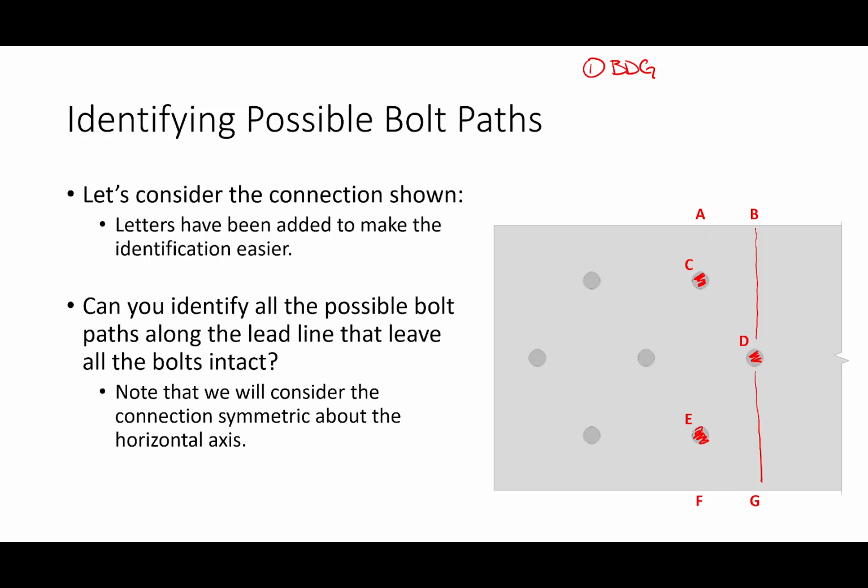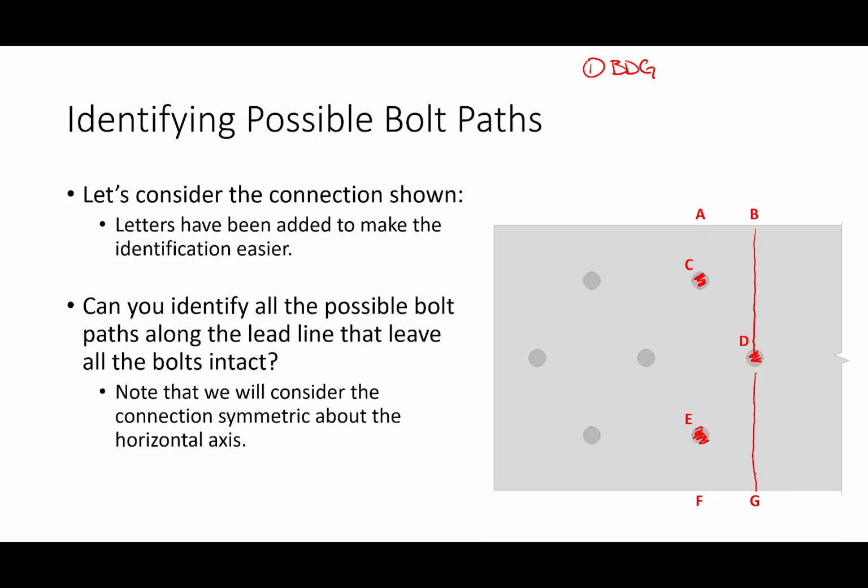The only way that it would fail at an angle is if it's between bolt holes. In other words, I really wouldn't have a failure path that looks like that. That doesn't really make sense, right? Because that's going to be a much larger area than this.